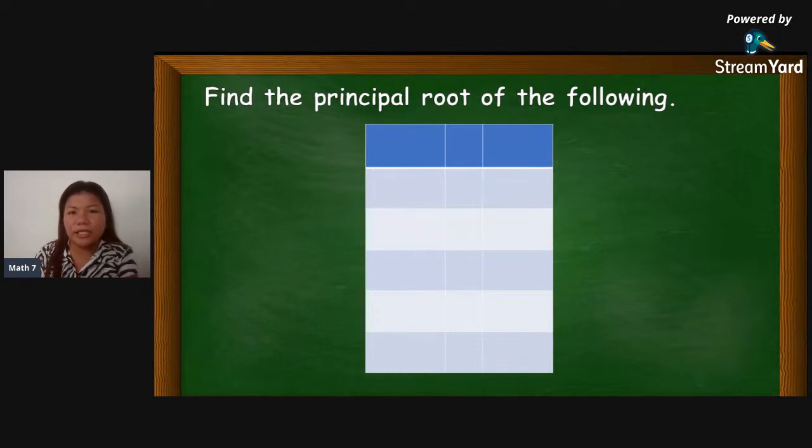Pakitype po sa ating chat box. Kapag sinabing principal root, positive ba siya o negative? Kung napanood nyo yung video ko last time, masasagot nyo ito mga anak.